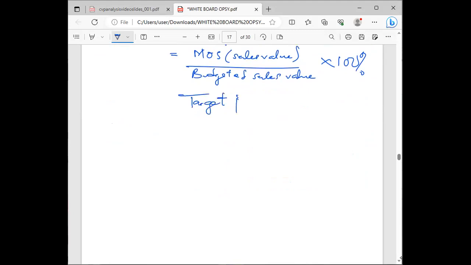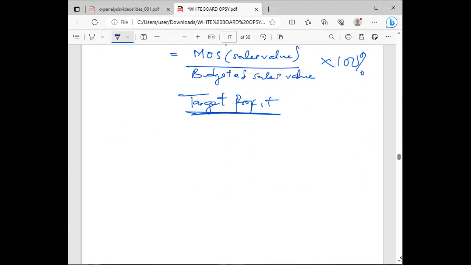The concept of target profit. Every organization exists to make profits. That's their aim: to sell goods or services to customers with a view to making profits.